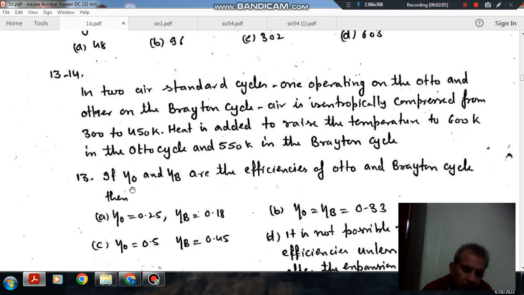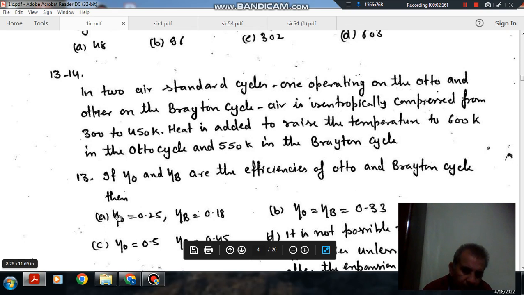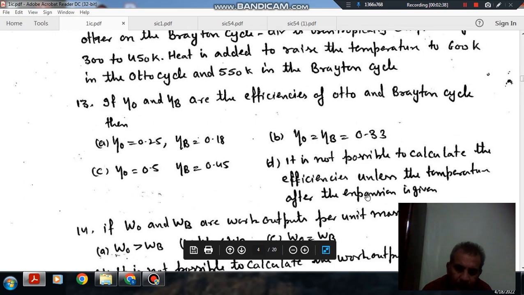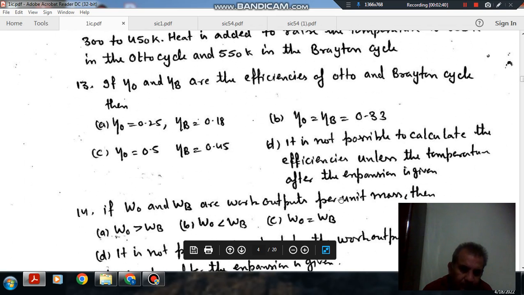If eta O and eta B are the efficiencies of Otto and Brayton cycle, then option A, efficiency of Otto cycle 0.25, Brayton cycle 0.8. Option B, both cycles have the same efficiency, that is 0.33. Option C, efficiency of Otto cycle is 0.5 and efficiency of Brayton cycle is 0.45. And option D, it is not possible to calculate the efficiencies unless the temperature after the expansion is given.